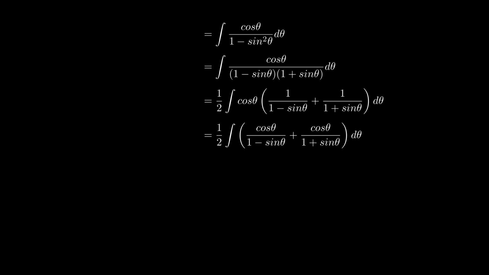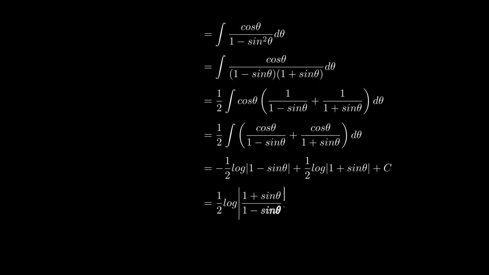We integrate that, we get half of log, or natural logarithm, of 1 minus sine theta within the absolute brackets plus a half of log 1 plus sine theta. And using the law of logarithm, we divide 1 plus sine theta by 1 minus sine theta.